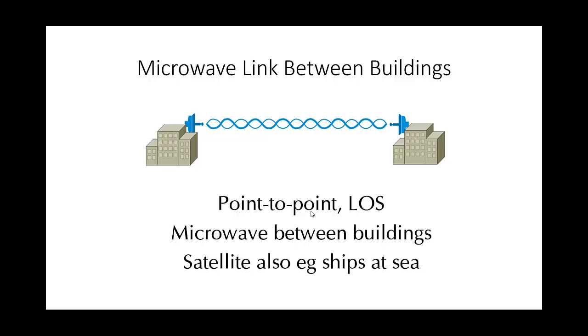These kinds of links require a line of sight between the endpoints. The microwaves can be focused by parabolic dishes and sent as direct beams. This means that the received signal is much stronger than it would be if it was broadcast in all directions by an omnidirectional aerial. The speeds are comparable to WLAN speeds.